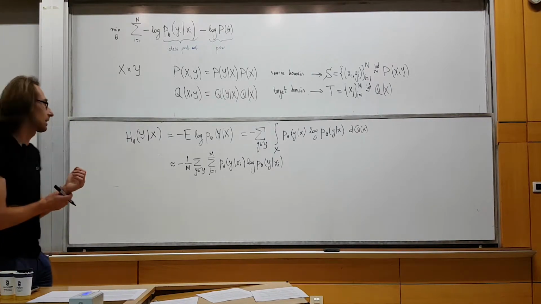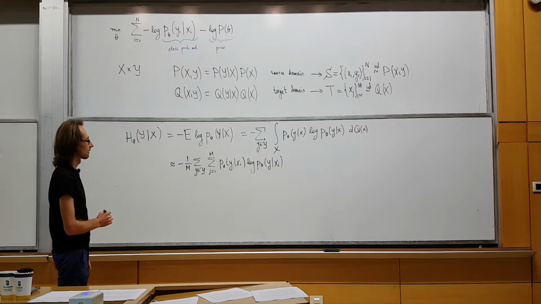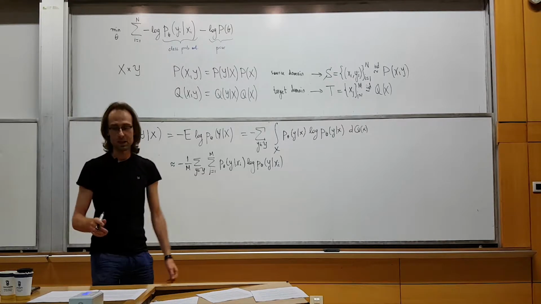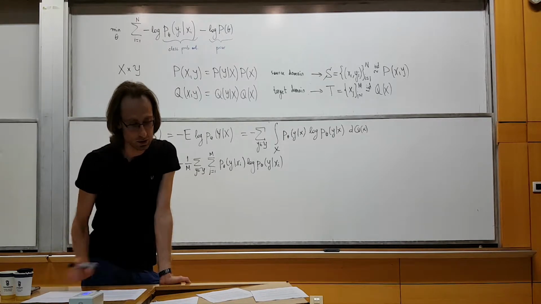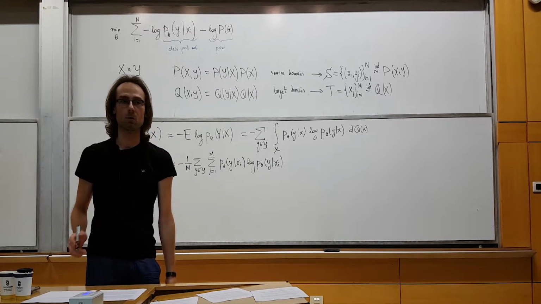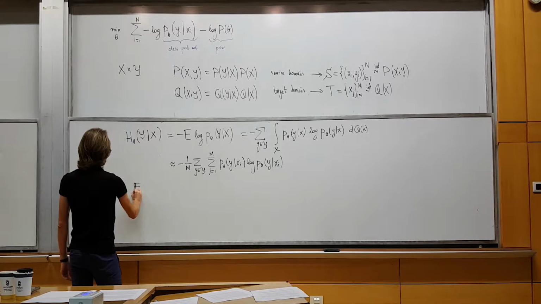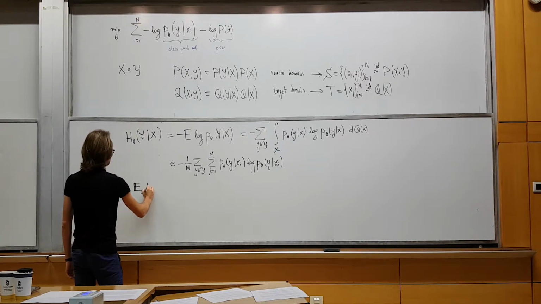So basically I would like to put some bound. Let's bound this quantity. Let's take an expectation of this quantity over all thetas.